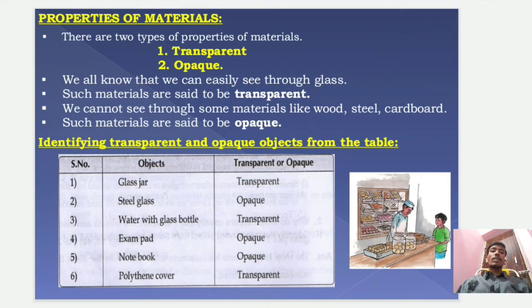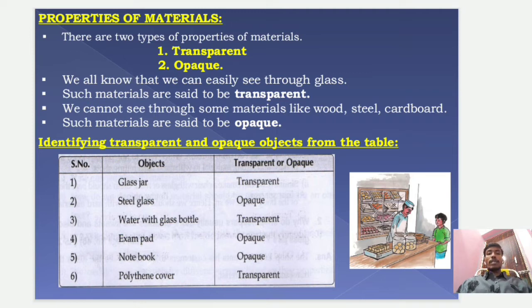And next topic, properties of materials. There are two types of properties of materials, that is transparent and opaque. Transparent property and opaque property. So what is meant by transparent and what is meant by opaque?